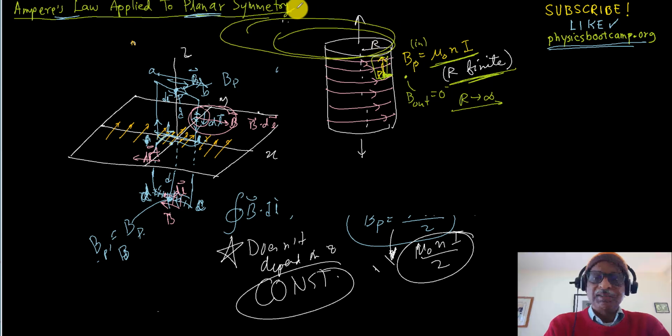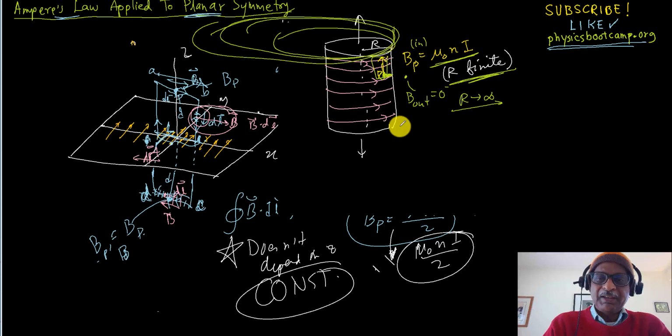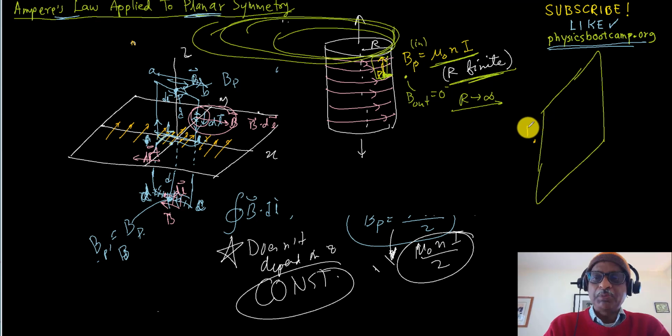Eventually this will become like a plane, with point P next to it, and this plane will go to infinity.